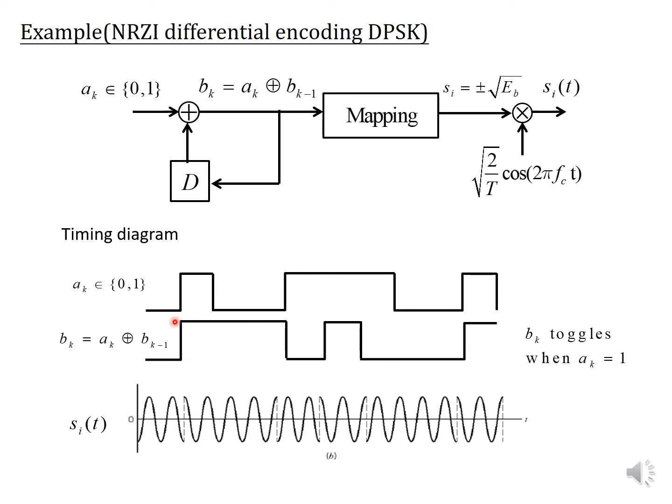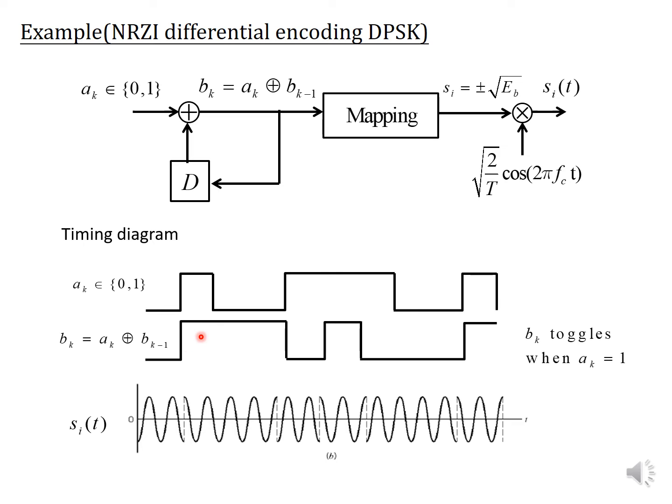Whenever there's a toggle in BK, the transmit waveform would have a phase change from -1 to +1, or from +1 to -1. Whenever the waveform has a transition, that means there's a toggle in BK. That would be the overall signal scheme for differential DPSK.